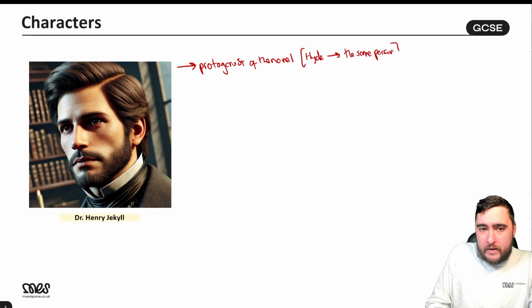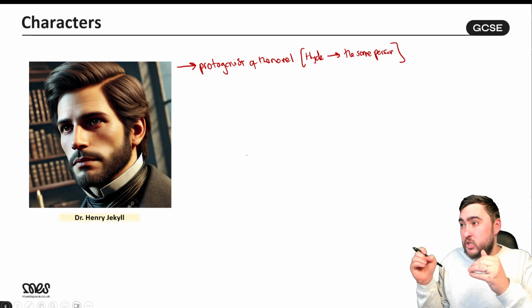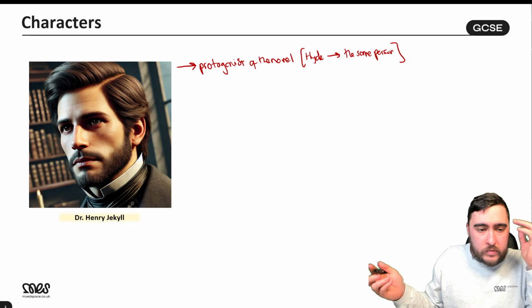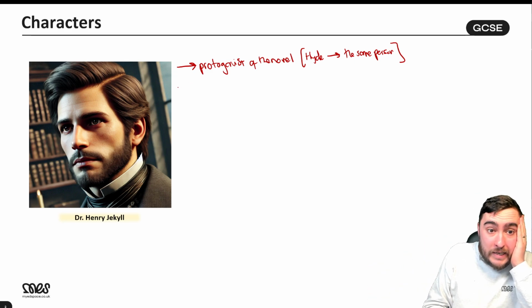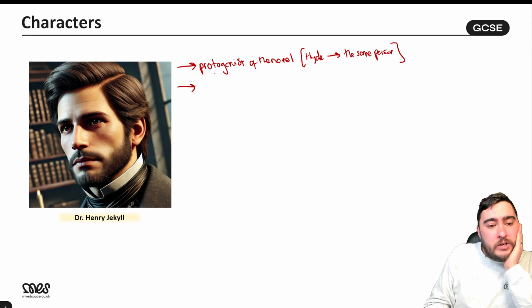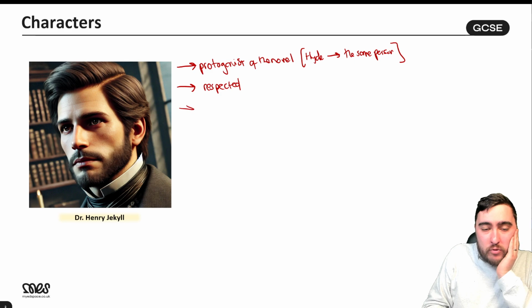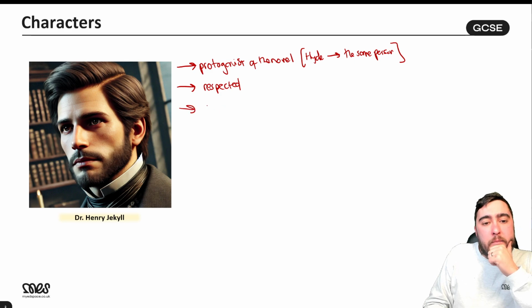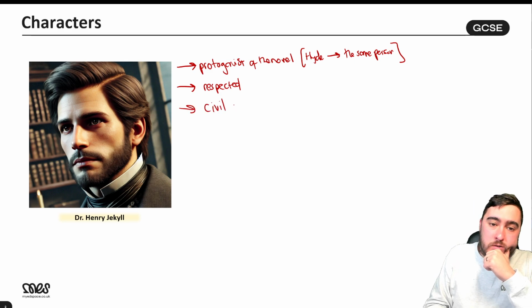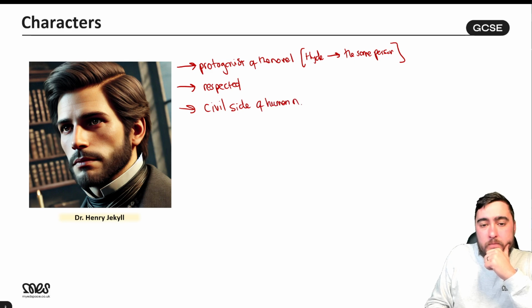Jekyll takes that role of protagonist because Hyde sits in the shadows, which is fairly natural given his kind of evil nature. Jekyll is very respected. He represents the civil side of human nature. He's one of our traditional Victorian gentlemen.